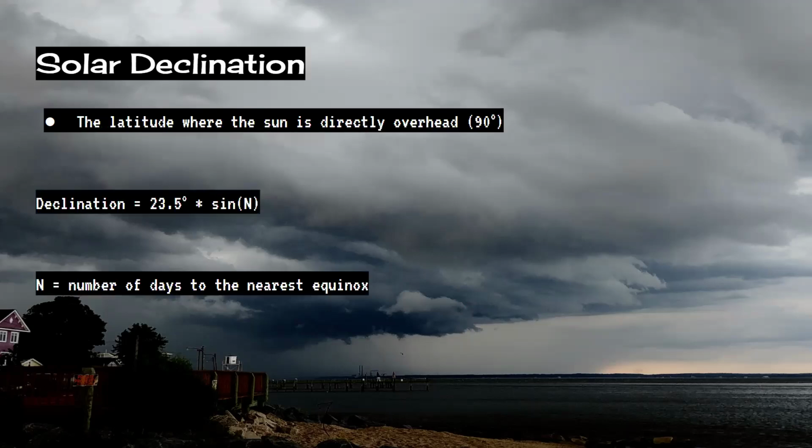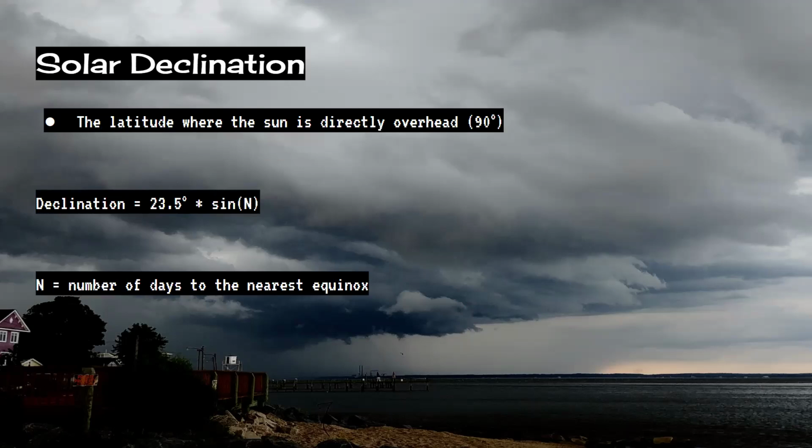Solar declination. This is a latitude, and it is the specific latitude where the sun is at 90 degrees. I already said a solar declination is not possible outside of 23.5 degrees north or south. Geometrically, it's just not possible.